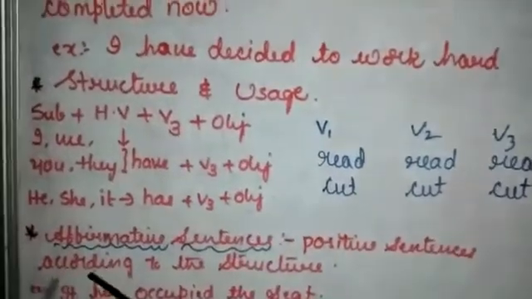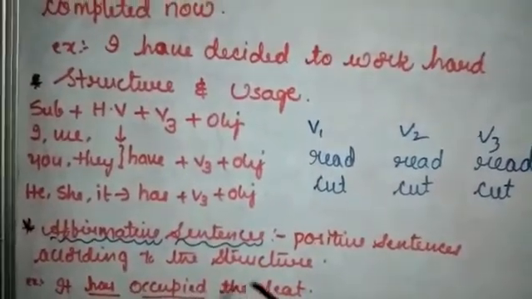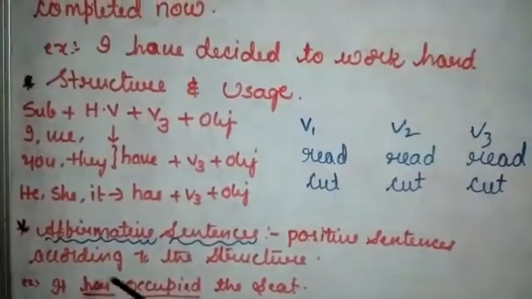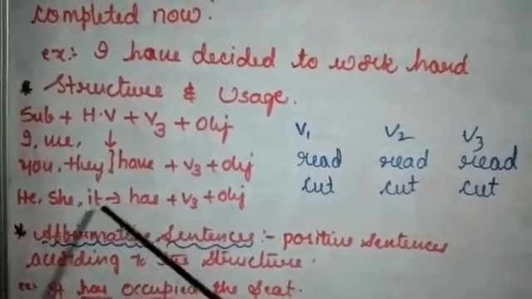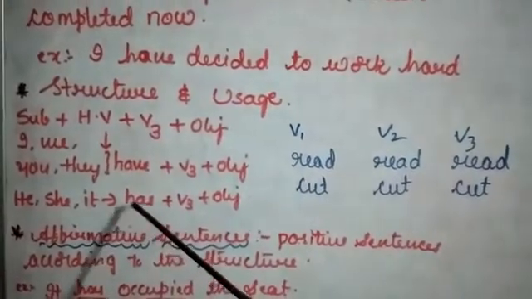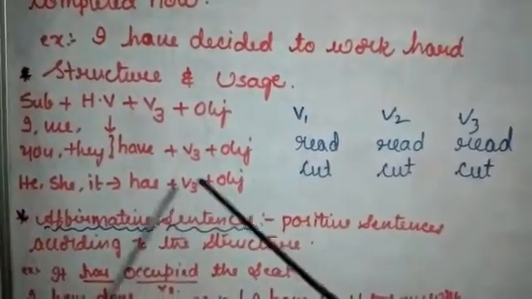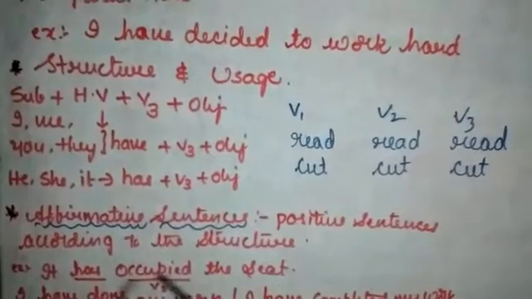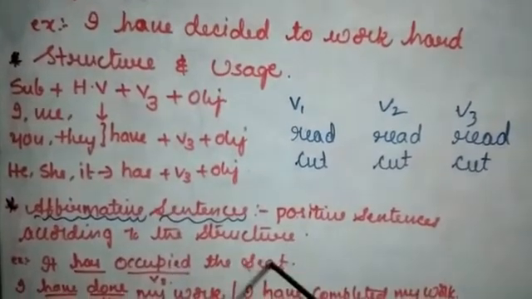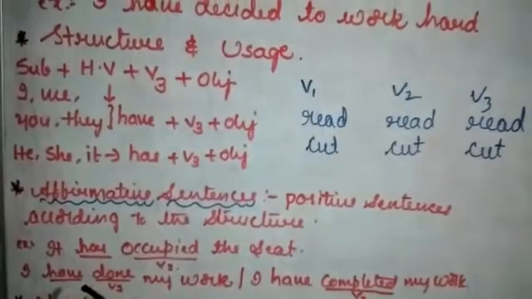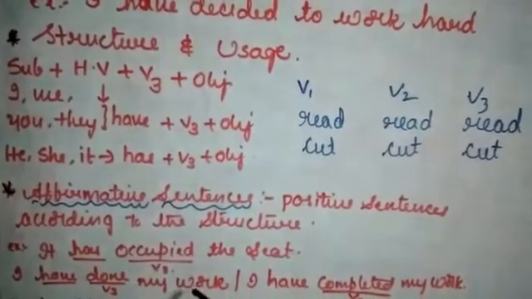We'll see an example. It has occupied the seat. It is the subject. So what helping verb should we use here? Has. It has. V3 is occupied, plus the object, the seat. It has occupied the seat. Another example. I have done my work.